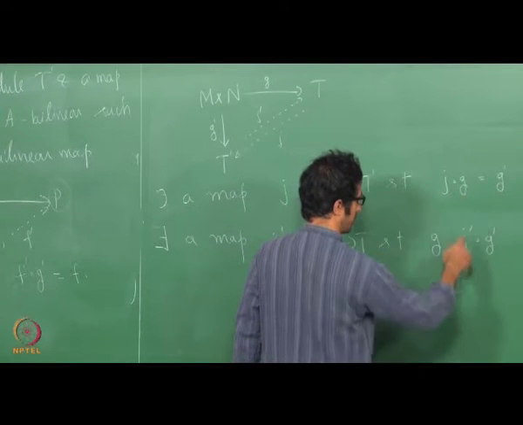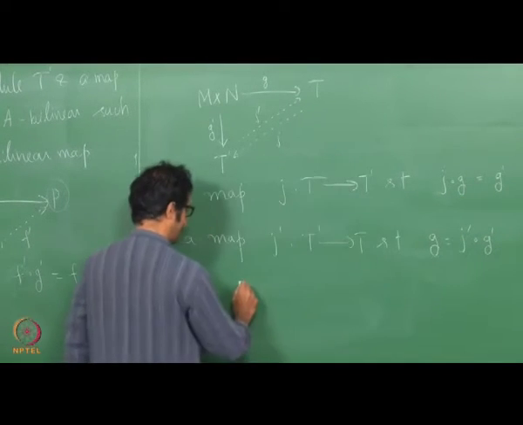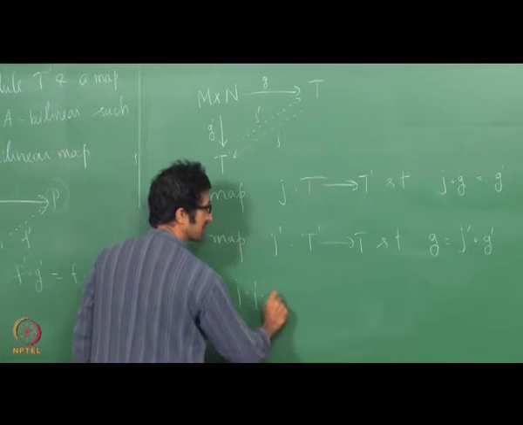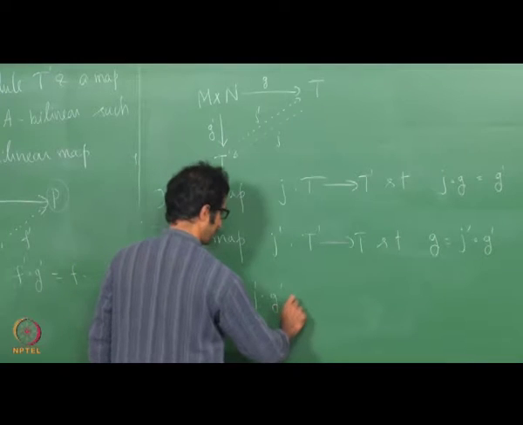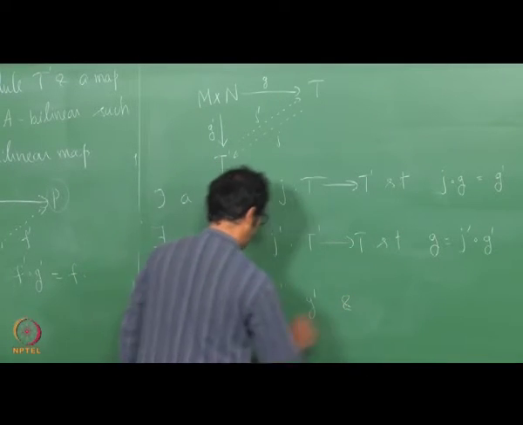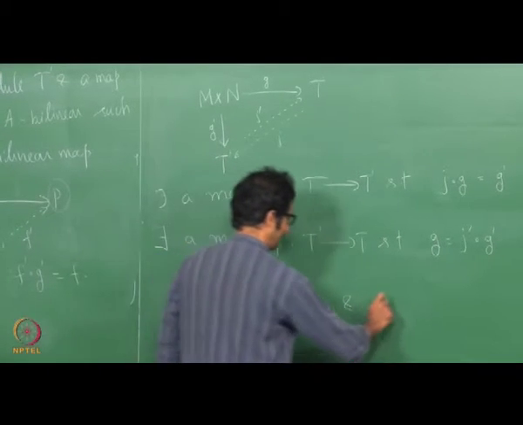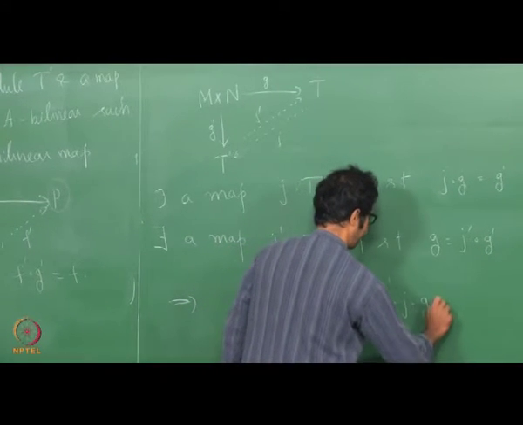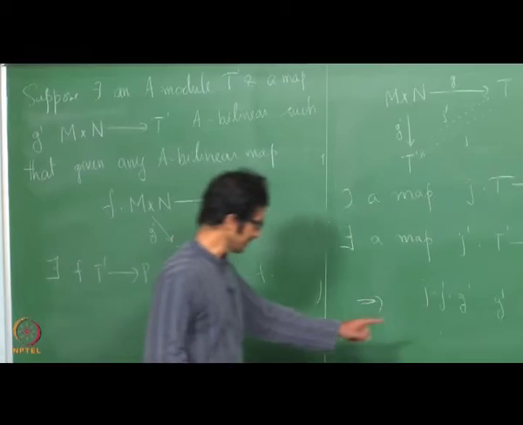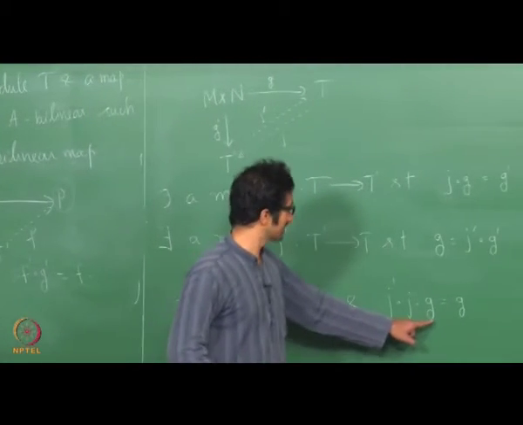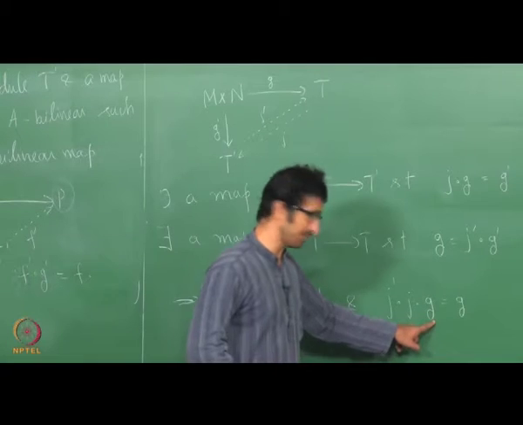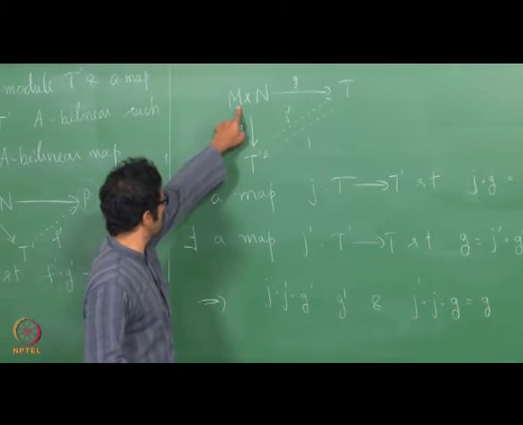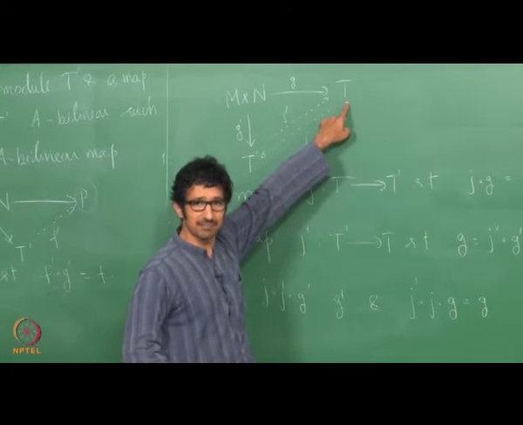Putting G equal to this one here, what do we get? We get J composite J prime composite G prime is G prime, and J prime composite J composite G is the same as G. Now look at this G and G prime: take any x cross y, x comma y to x tensor y.